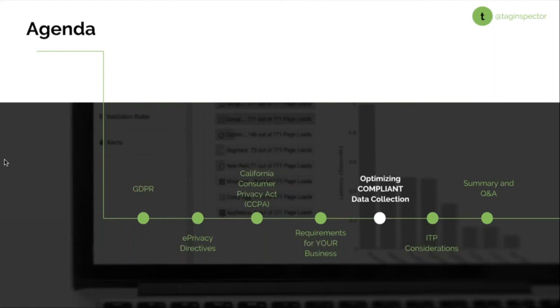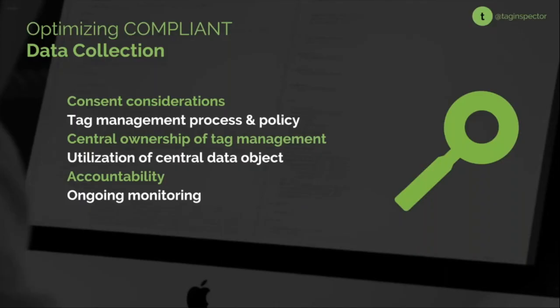How can we optimize? So number one, you're going to have consent considerations. In many of these cases, and what many organizations are beginning to say is that consent's easier. It's applicable and necessary across a few of these different laws. And it's much easier than trying to do a bunch of different privacy gymnastics in order to be able to collect this information. When we think about the consent process, though, how can we optimize it?